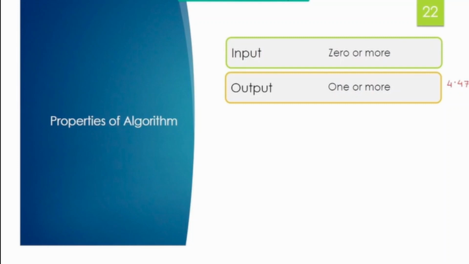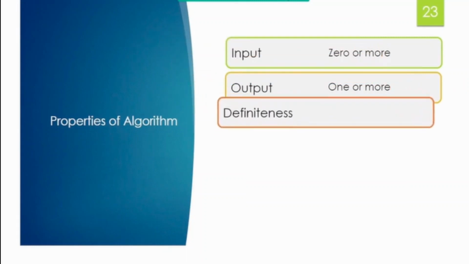So please remember, an algorithm may not have any input, but an algorithm must have at least 1 output. If you don't have a single output, you should not say that it is an algorithm, even though it is a finite instruction list or finite computations list. That will not be an algorithm unless you have an output. So these are very important things.